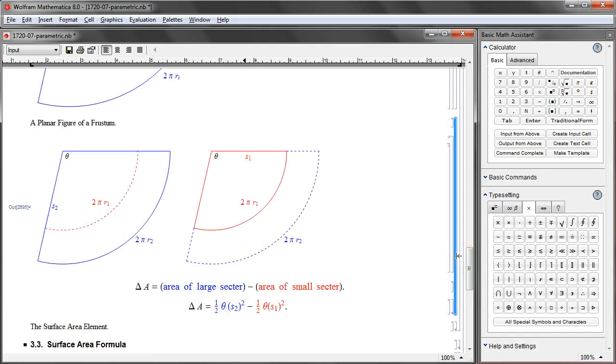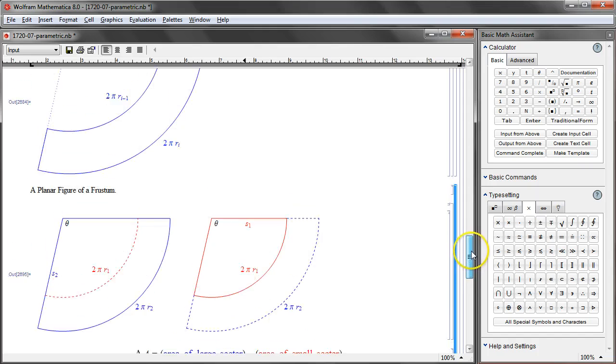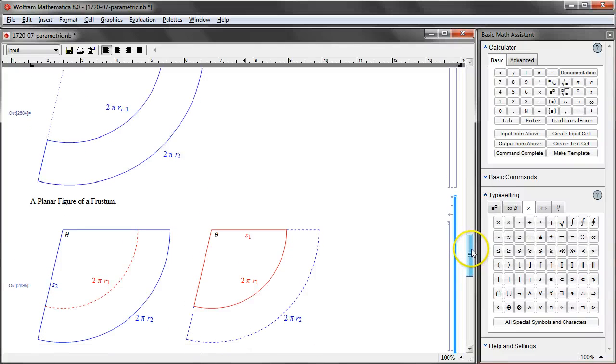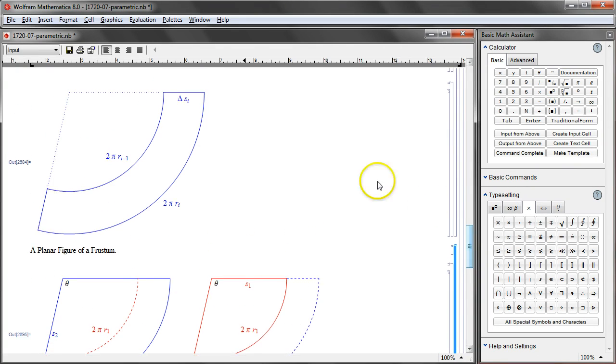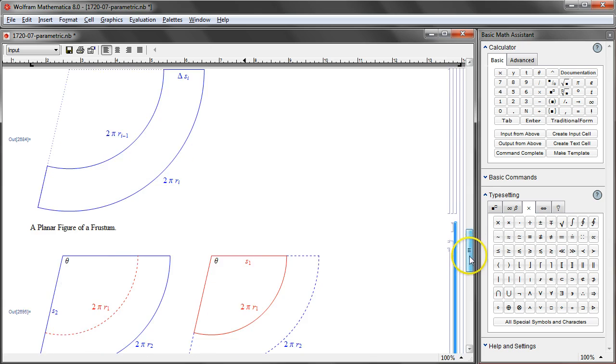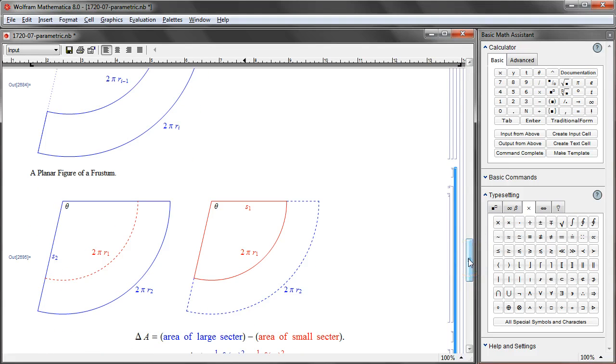Well, it can be expressed as a difference between the area of the large sector, blue, minus the area of the smaller sector, red, over here. And then, for simplicity, I'm using R1 and R2 instead of r_{i-1} and ri here. And then delta S is what we want as a side. And then I artificially named the radii as S1 and S2, as you can see. S1, the red one, the smaller radius, and S2, the larger one.